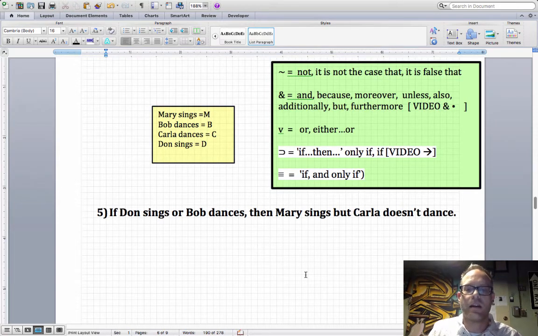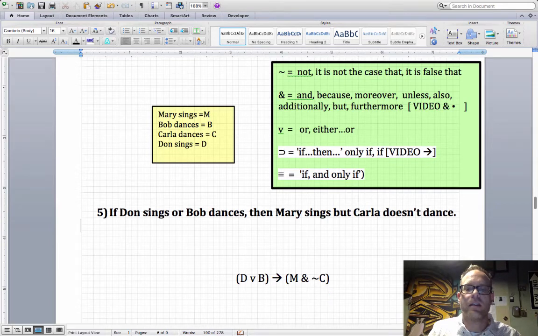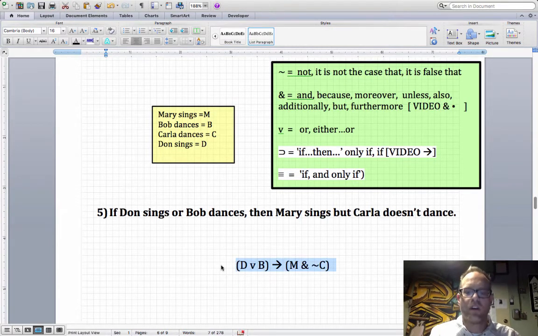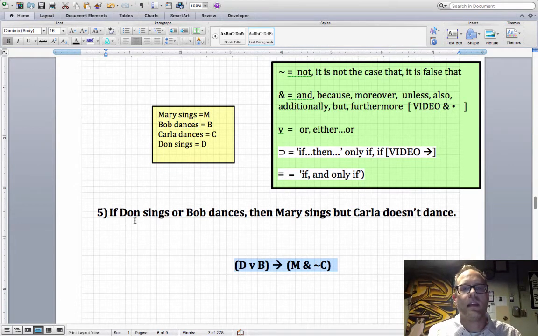So let's take a peek at our answer, and there it is in glorious Cambria font. If Dawn sings or Bob dances, Dawn sings wedge Bob dances, implies, remember this little comma right here tells us keep that antecedent disjunct all together, implies M and not C. Remember, Carla doesn't dance.